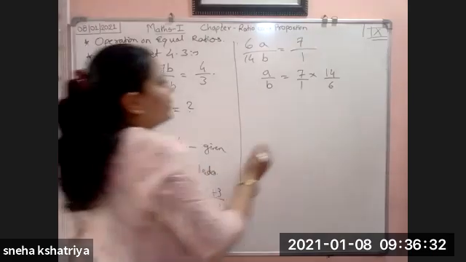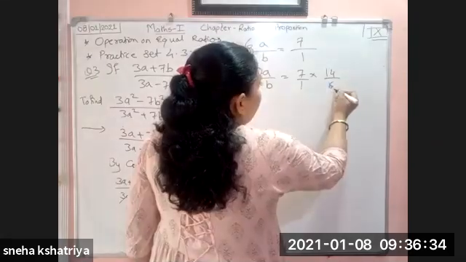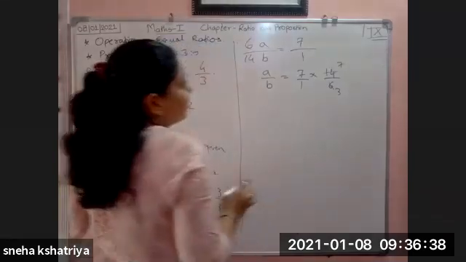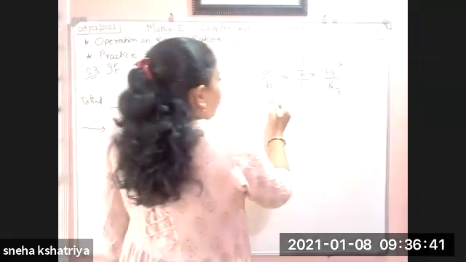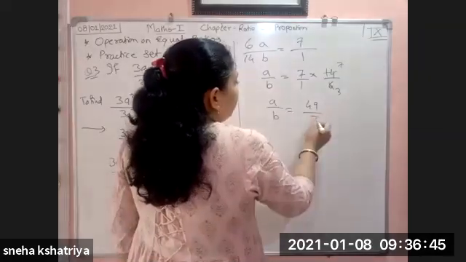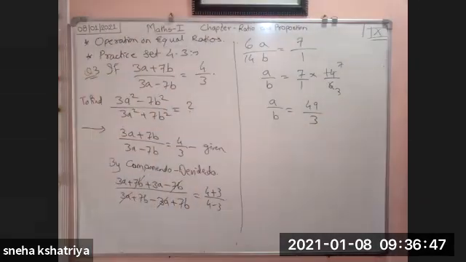Okay. So here we can reduce it by 2 now. 2 threes are 6 and 2 sevens are 14. Right? 7 sevens are 49 divided by 3 ones are 3. So a upon b value we get 49 upon 3.